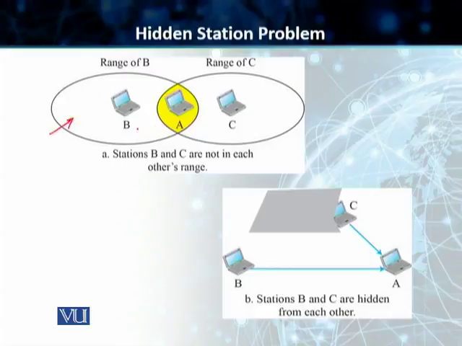Students, in this particular case, station C, which is our wireless host, is not in the range of B. Similarly, on the right-hand side oval, you can see that station B is not in the range of C. Now, station A lies in the middle, and it is in the range of both B and C. So, students, hidden station problem version 1 happens when you have wireless hosts that you are interacting with, or that you need to keep track of, which are not in your range.